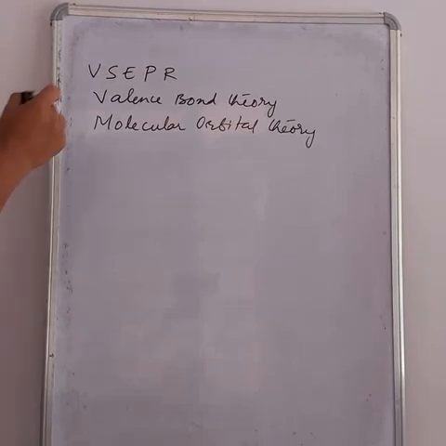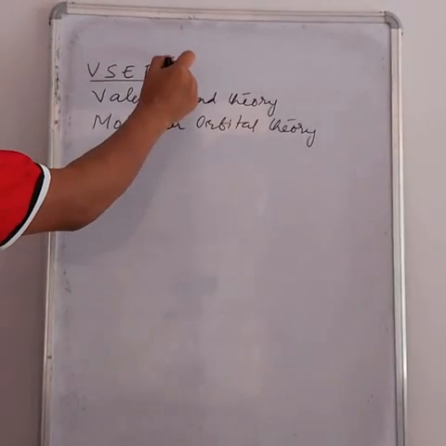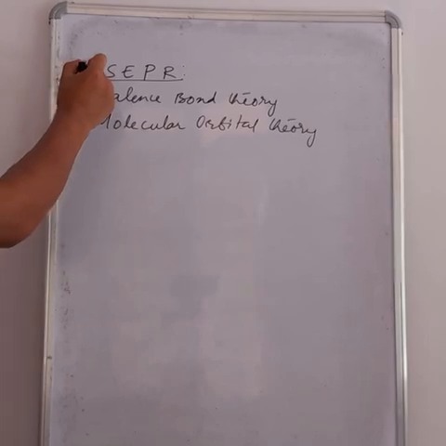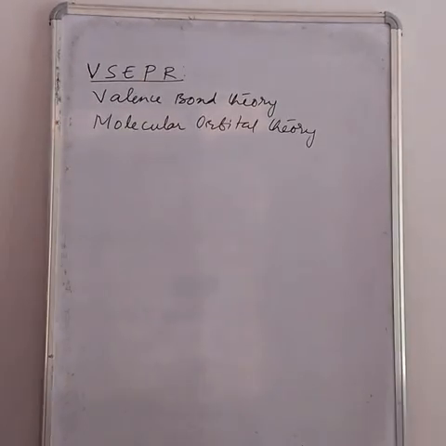Now we know that in VSEPR theory, the chemical bonding occurs as a result of the valence electrons, and hence the name valence shell electron pair repulsion.